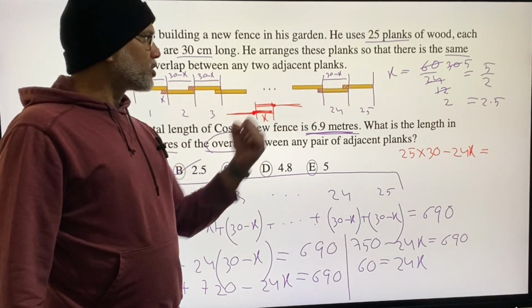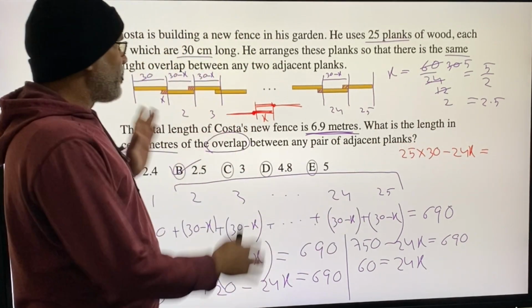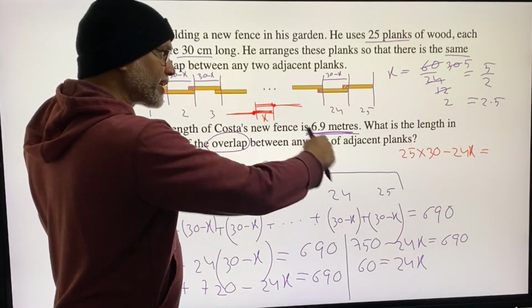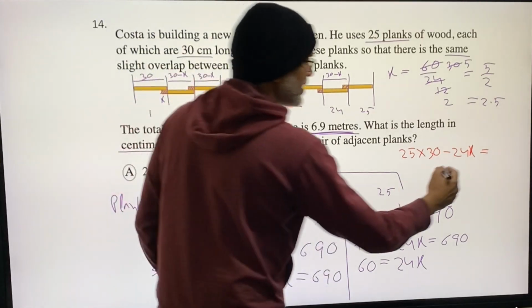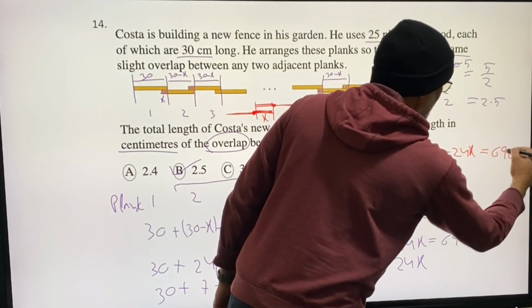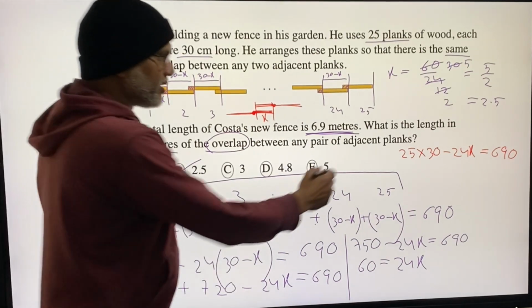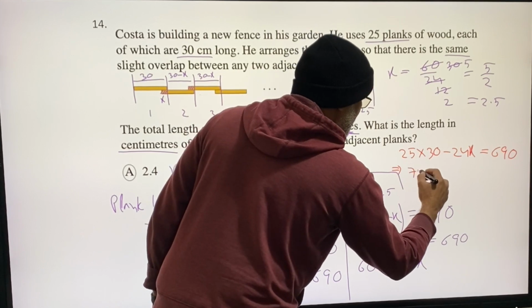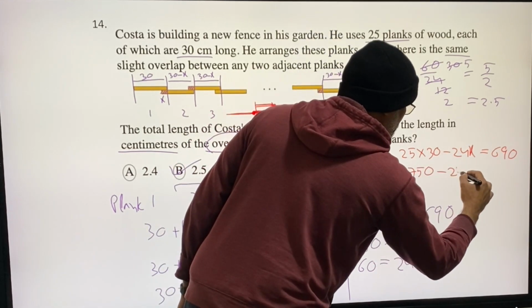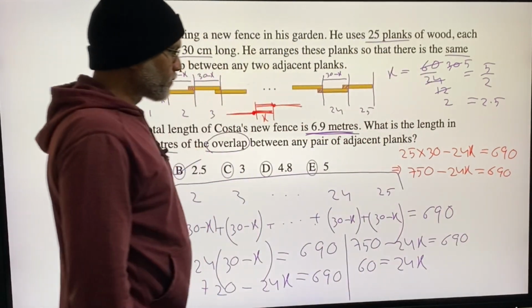And there are 24 such overlaps. So that is 24x, and that length, after I subtract away the overlap, should give me 6.9 meter or 690 centimeter, right? So everything is in centimeter now. And 25 times 30 is going to be 750 minus 24x is equal to 690.